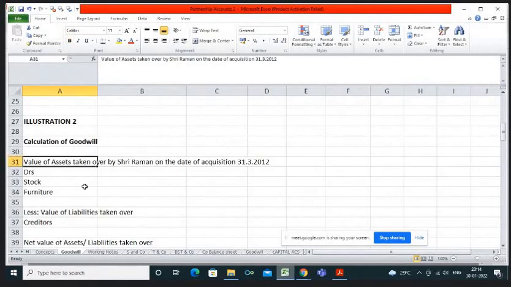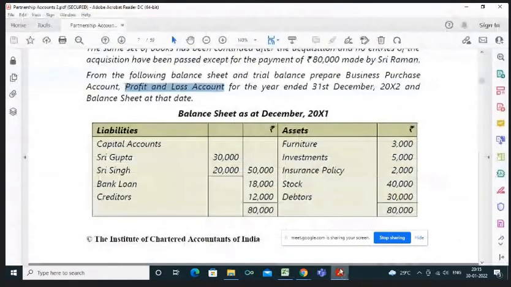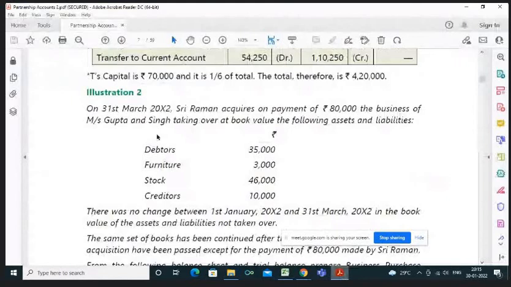So first, we need the value of assets taken over by Sri Raman on the date of acquisition. Based on that only we can work out the goodwill. Here it is given: these are the assets taken over at book value. Debtors 35,000, furniture 3,000, stock 46,000, creditors 10,000.